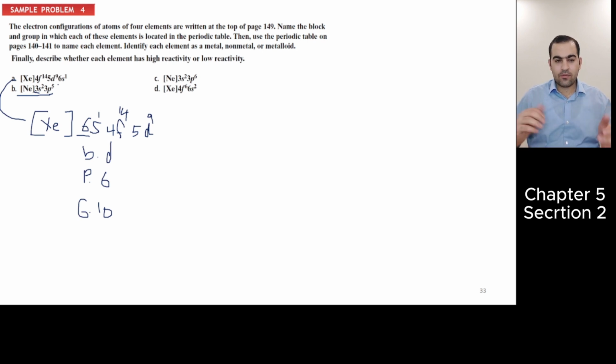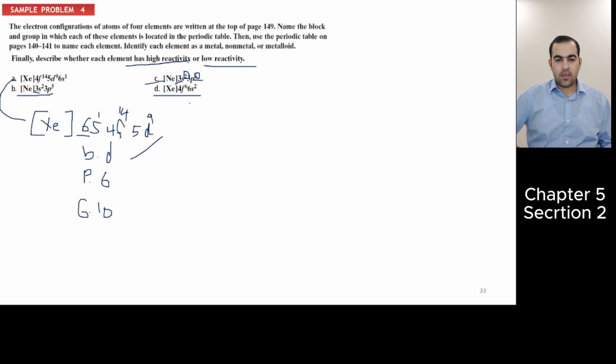Are they reactive or not? It's highly reactive. Okay, and it tells you whether the element has high reactivity or low reactivity. This element is in P block, period 3, group 2 plus 6 plus 10, group 18. Group 18, they are non-metals, they are unreactive.